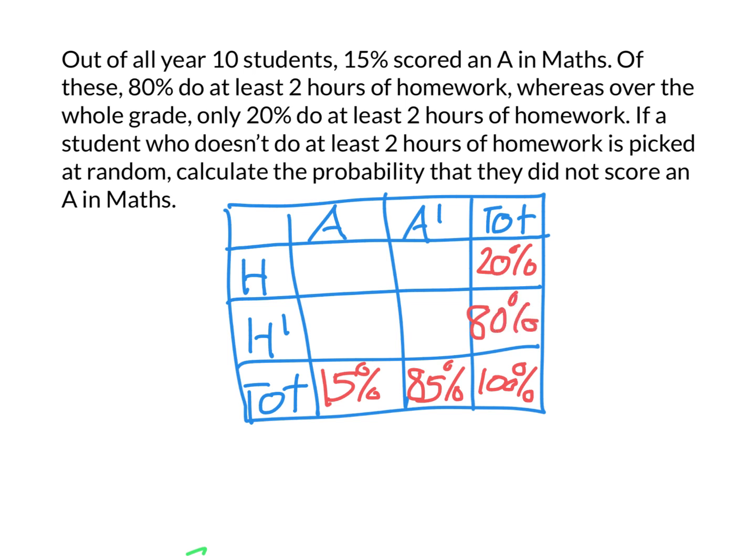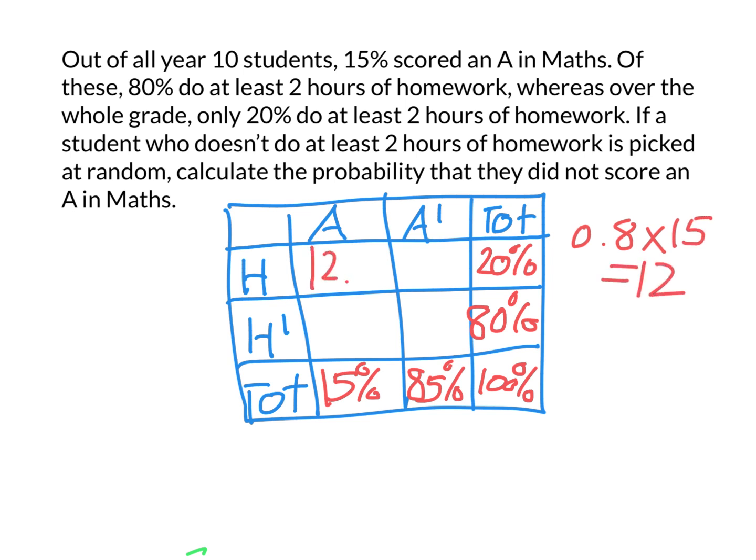Okay, this is not enough. We need one of these numbers now to be able to fill in the rest of the table. So we get that from this information. Of these, so that's referring to the 15% who get an A in maths, of these people, 80% do at least 2 hours of homework. So 80% of 15% is equal to 0.8 times 15, which is 12.